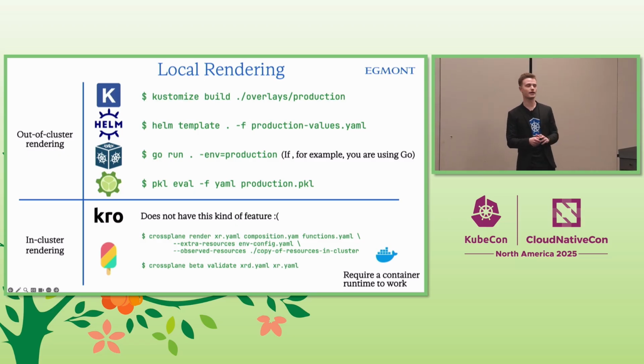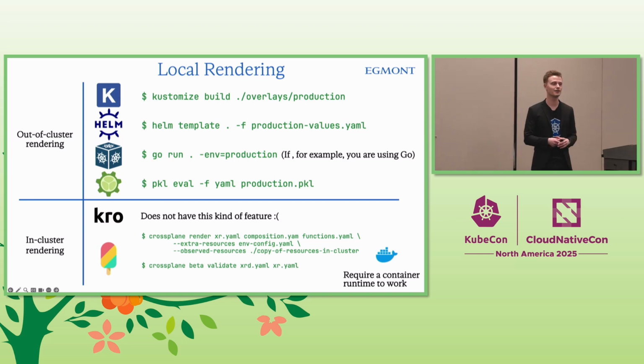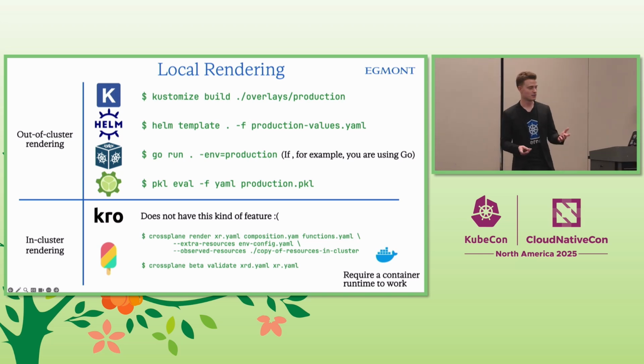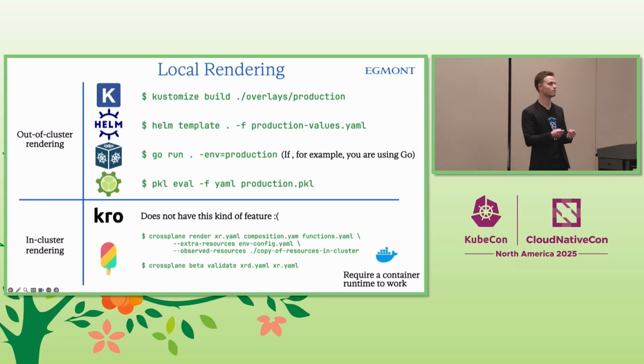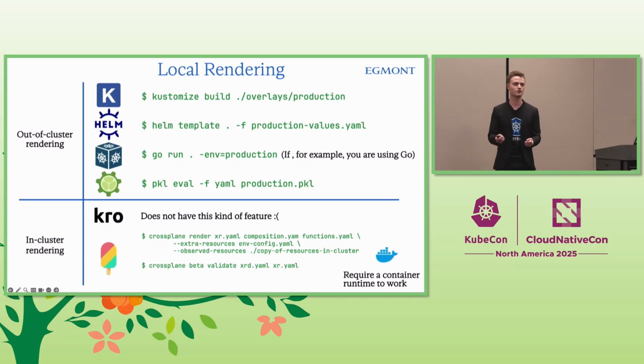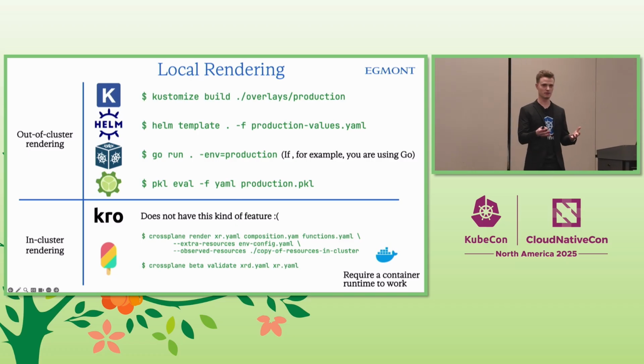Crossplane has local rendering capabilities, and it does work, but in my experience, it's kind of hard to use, and I understand why it is. Because I usually have to provide it with so many different arguments to mimic what is actually happening inside Kubernetes. So the rendering capability is there, but it's not that user-friendly, but I don't really blame the maintainers for this, because you need to mimic a full cluster.